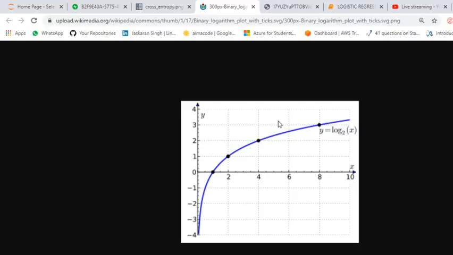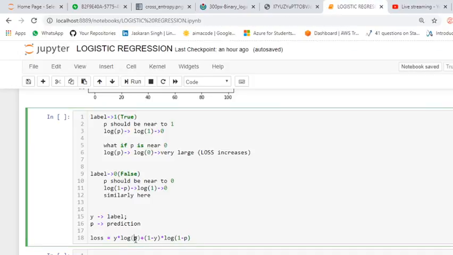Alright, let's look at the graph of log. You know that the value of log between the range 0 and 1 is negative, right? And the prediction that we are getting, the value of p, is also between 0 and 1. That means the value of log would always be negative. So to counter this, we put a negative sign in front of it. That's how we get the loss function here.